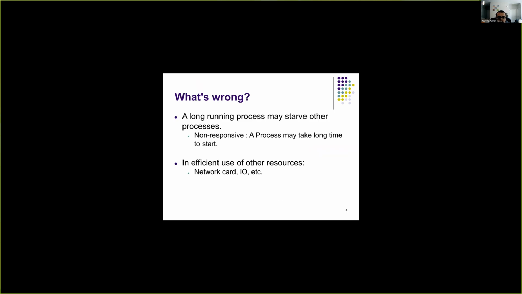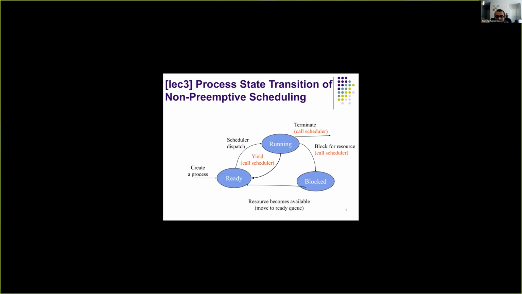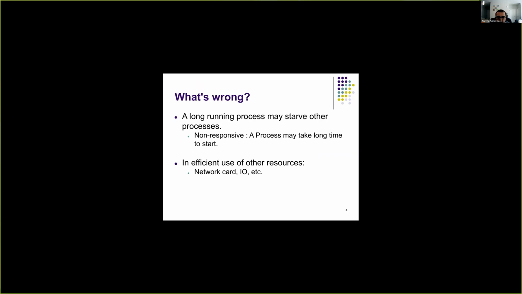So what's wrong with the non-preemptive scheduling that we saw, right? One problem is, imagine there is a process that has been running that takes like 2 hours. If that process is running on the CPU, it can starve all the other processes in the system, because all the other processes now have to wait for this long-running process to complete.